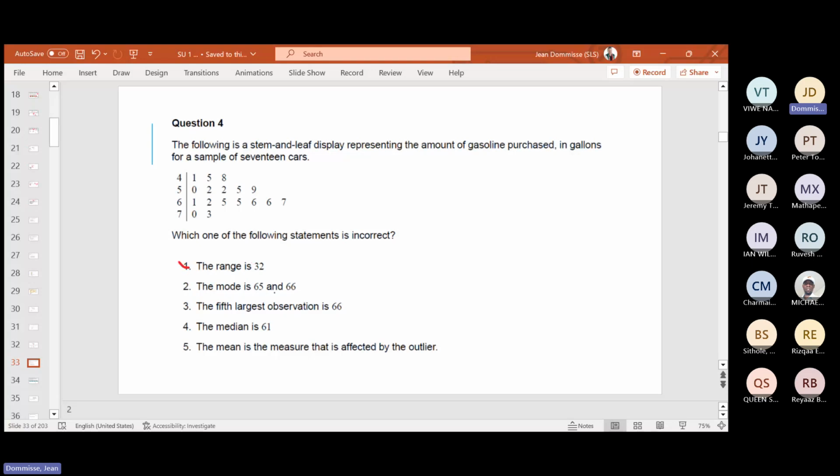Okay, they tell us there's 2 modes. So let's look at the options of the modes. Okay, 52, there's 2 of them. 65, 65, 66, 66. Okay, so they only mentioned 2 of it.